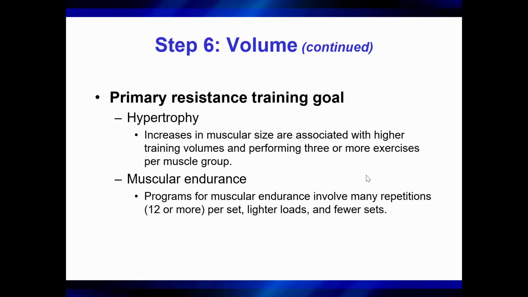Muscular endurance is going to have many repetitions per set, lighter loads, and fewer sets. 12 repetitions or more, honestly, whenever I'm looking at endurance, I'm typically going 20, 25, 30 repetitions. So granted, those are more than 12, but 12, it could be hypertrophy right there. But it's light loads, many reps.